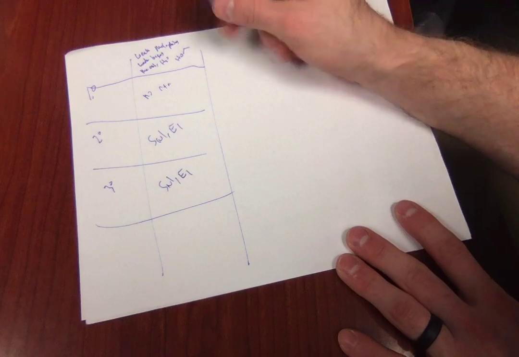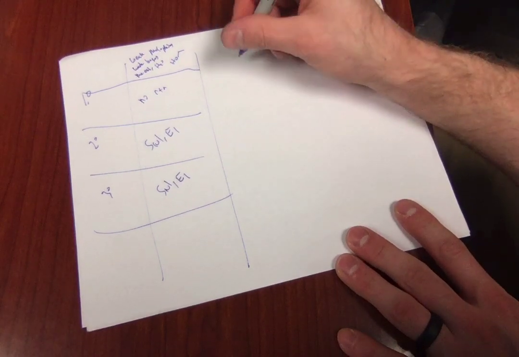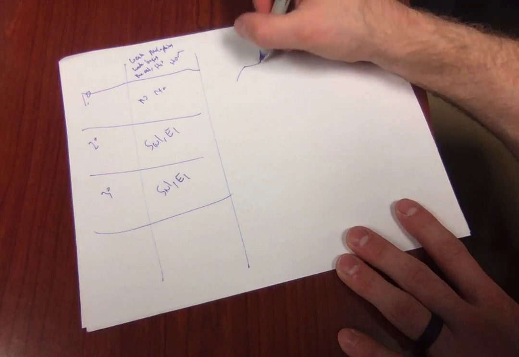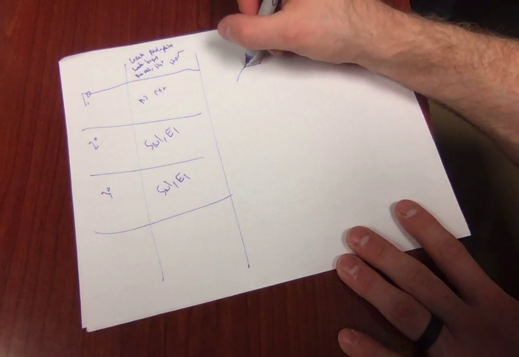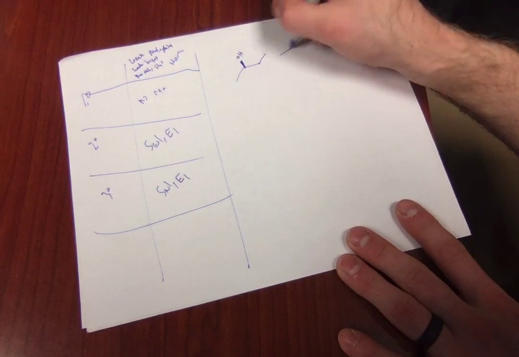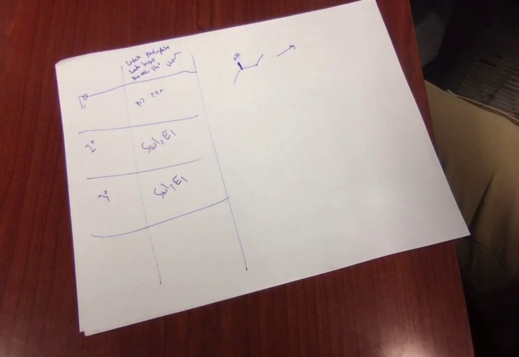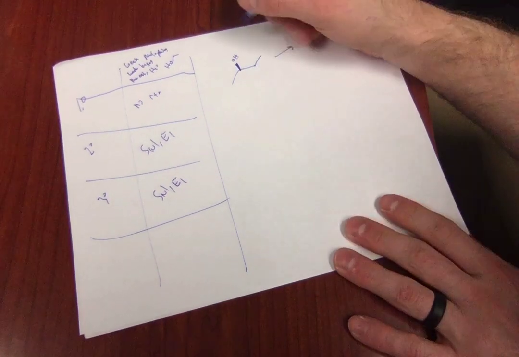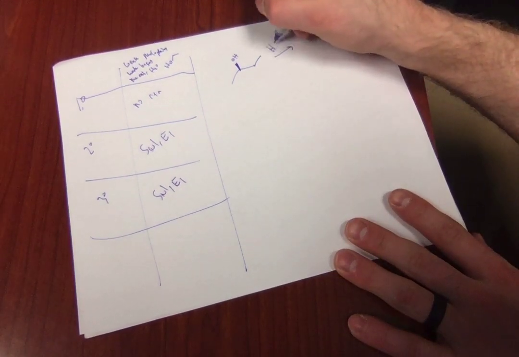Okay, so alcohols are notoriously bad leaving groups. We can make these better by protonating them, so adding in something like HCl.